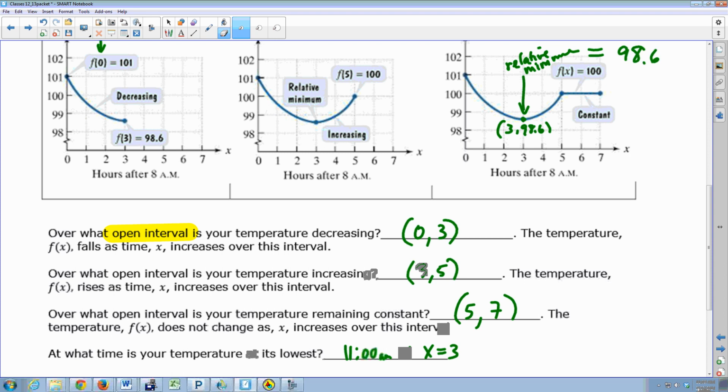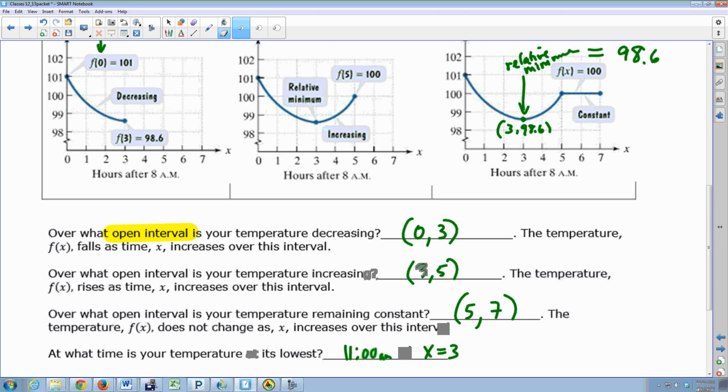If I'm interested in the person's lowest temperature, I don't care when it occurred. The relative minimum of this graph is only asking for where my lowest temperature is on that graph from 0 to 7, and my lowest temperature is 98.6 degrees Fahrenheit. Later, you could say it happened to occur at 11 o'clock in the morning.